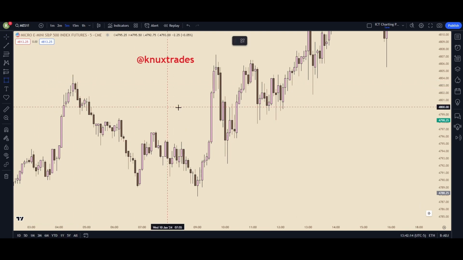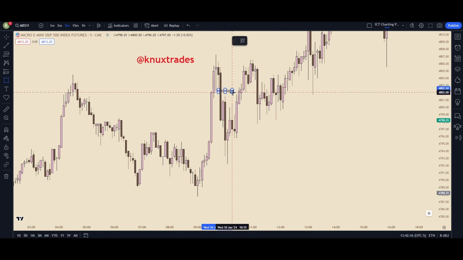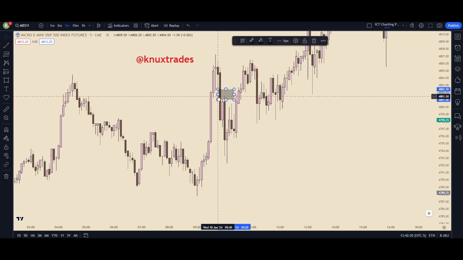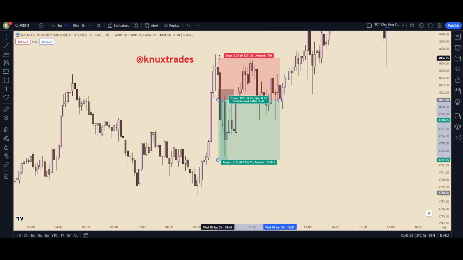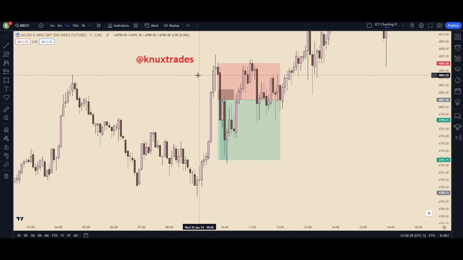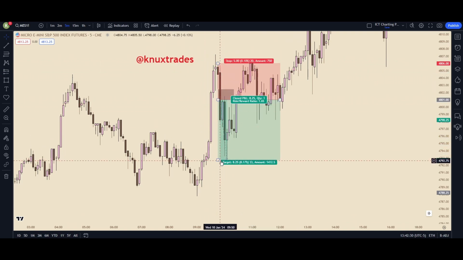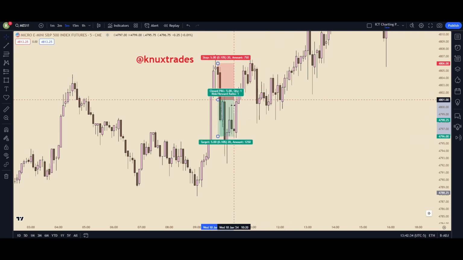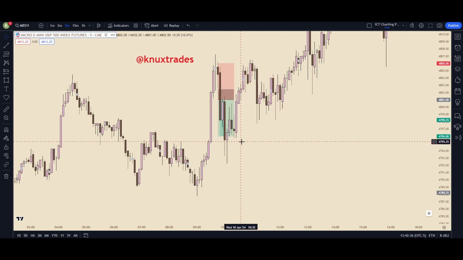So it's just a fair value gap. So right here, we have that entry right there with a short, stop above this candle's high, and then we would target 1-to-1, so 5 handles. And that's a quick win on the same candle. That's a win.